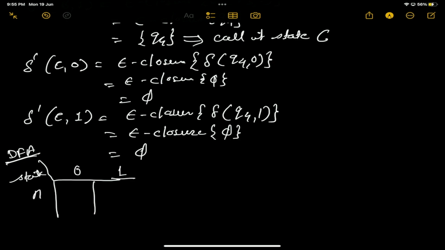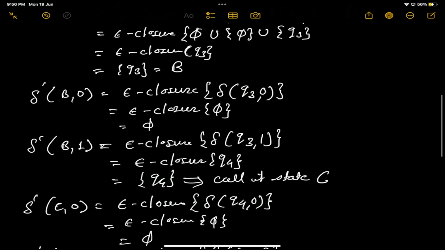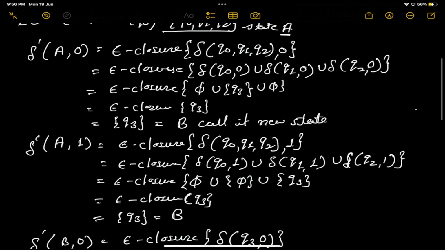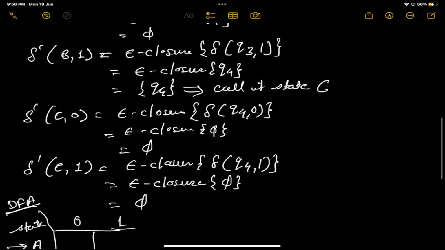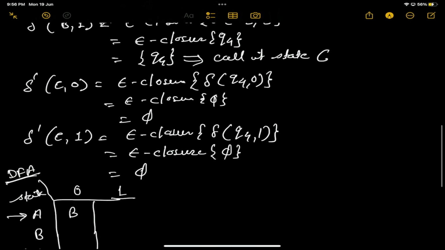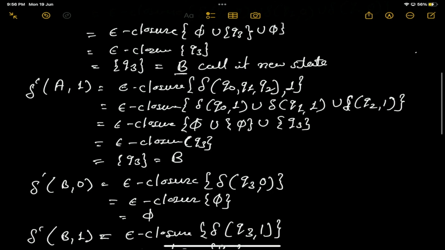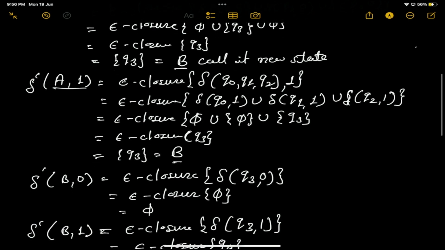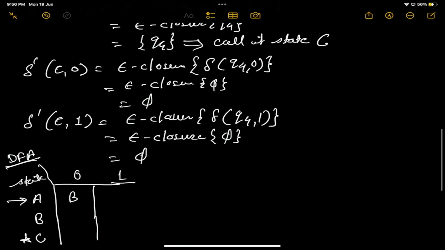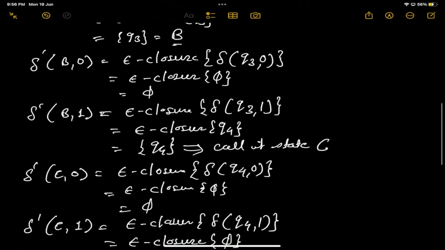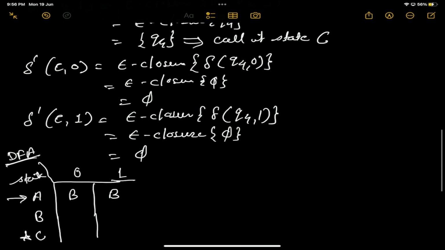The states are A, B and C. C is the final state and the initial state is A. A with input 0 goes to the next state, B. A with input 1 goes again to B. Then B with input 0 goes to phi.